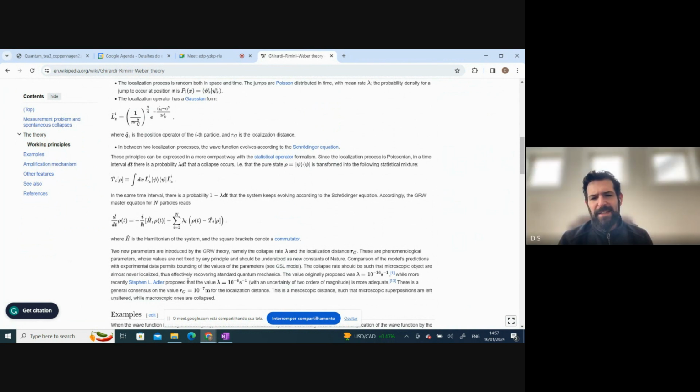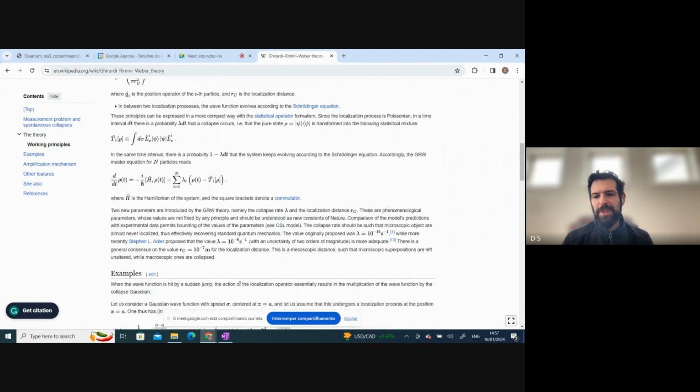Yeah, Lambda. I think the concept of GRW is that you have particles randomly collapse. Like you have a particle, let's say, in a coherent superposition, and every single particle collapses, but it takes a really, really long time for a particle to randomly collapse.